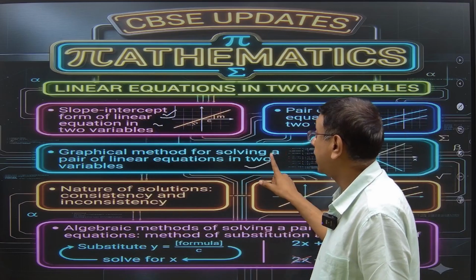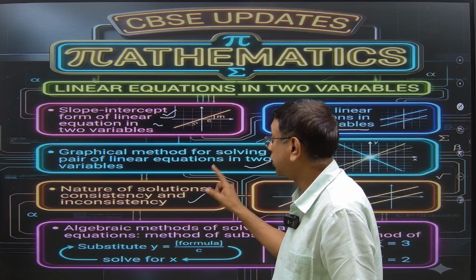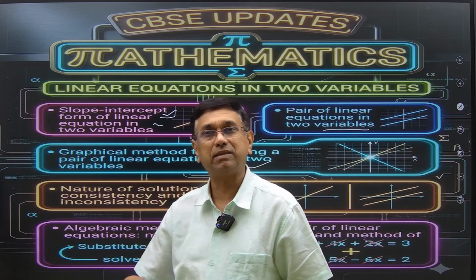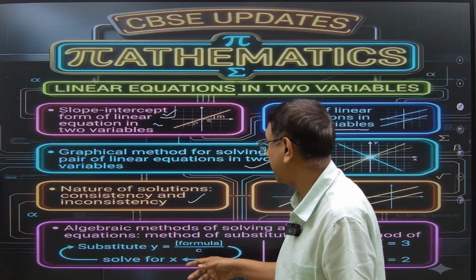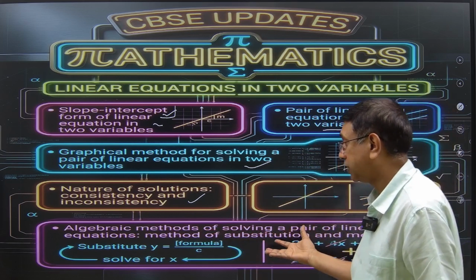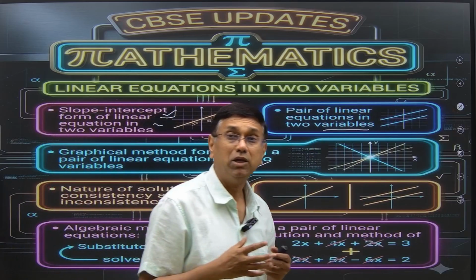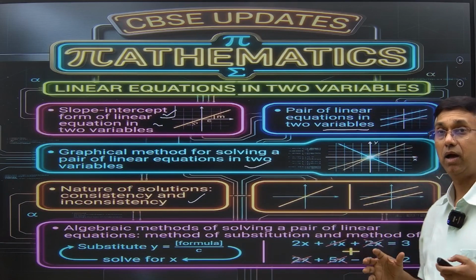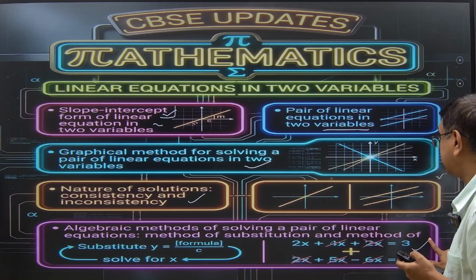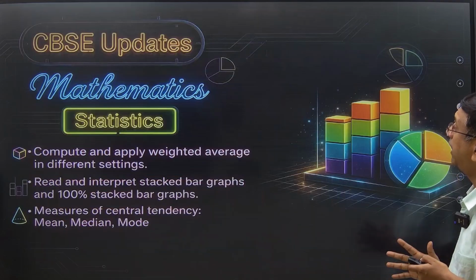Then graphical method, solving them graphically भी आ गया. फिर nature of solution, consistent, inconsistent, ये सब 10th में था, 9th में आ गया. Then algebraic method of solving a pair and substitution, दो linear equations को हम कैसे solve कर सकते हैं. So all of them are a part of this. तो linear equation almost यहाँ काफ़ी कुछ ले आए.